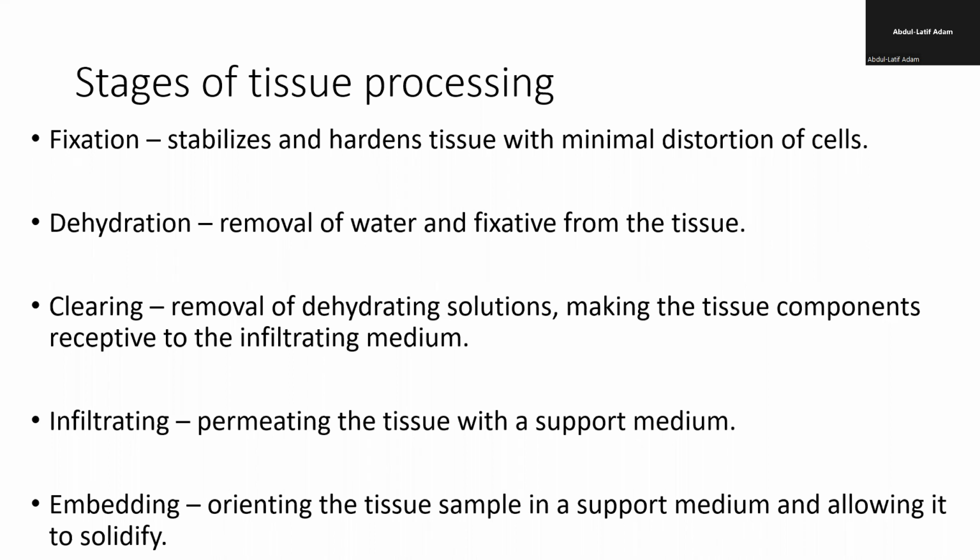Another interesting aspect of this is that the medium in which the sample is going to be kept permanently is also not miscible with alcohol. So there is a need for alcohol to be removed.